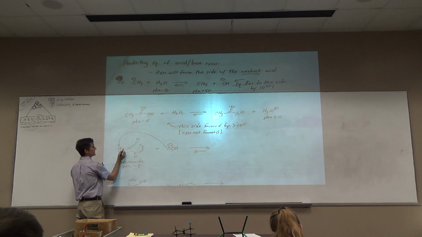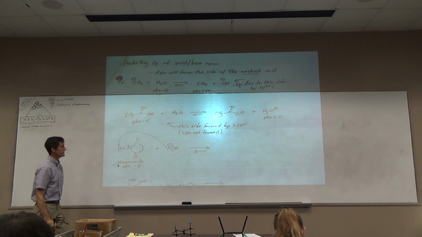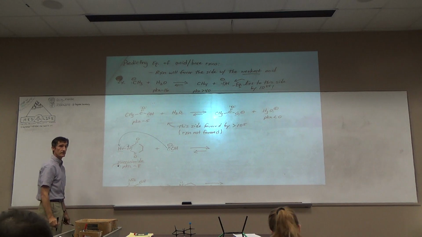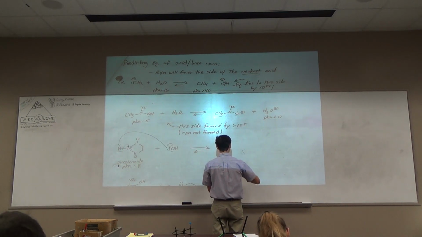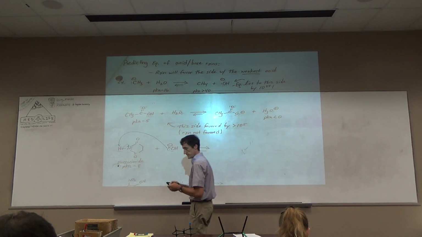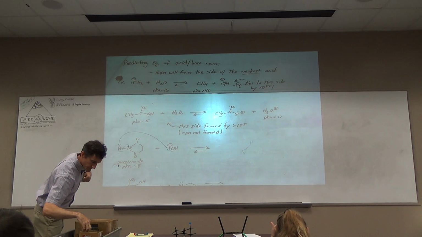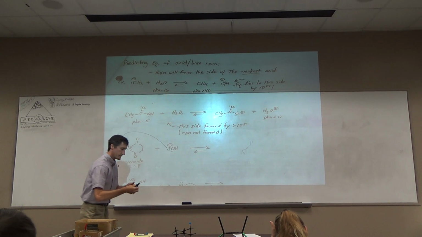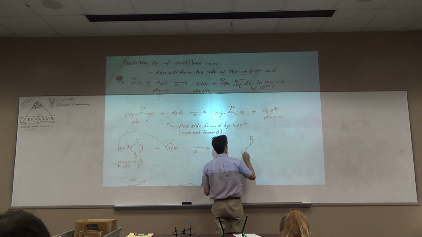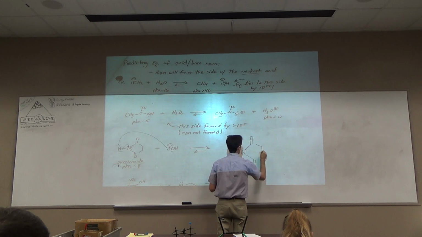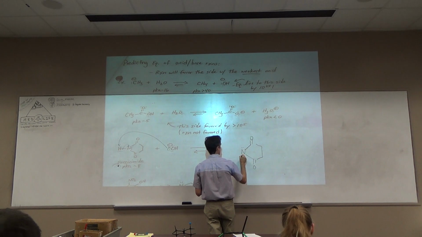And what do we do with these two electrons? Move them there. There was one there to begin with, right? Now how many is the nitrogen going to have? 2. So the nitrogen has 2 lone pairs.